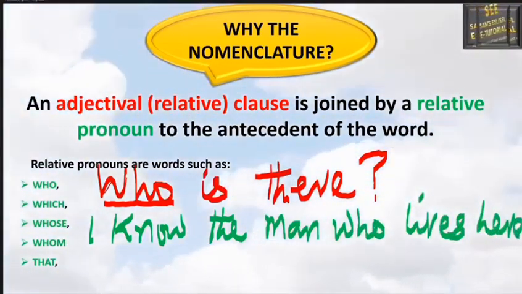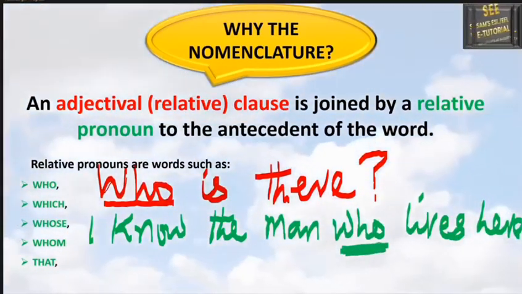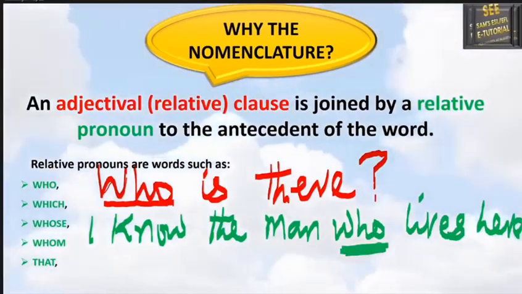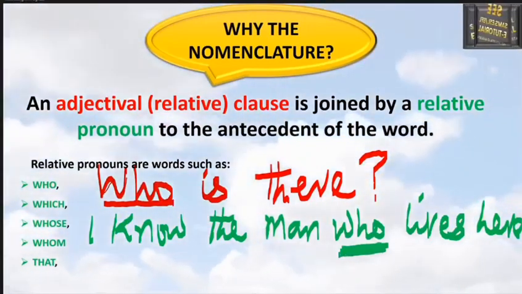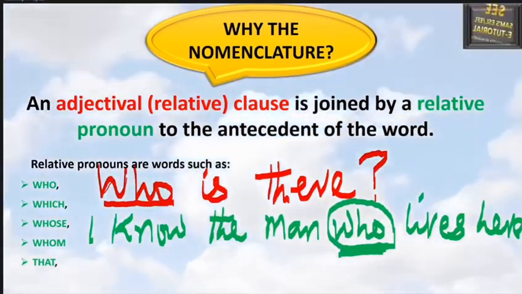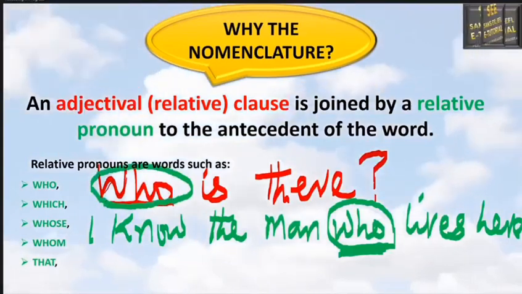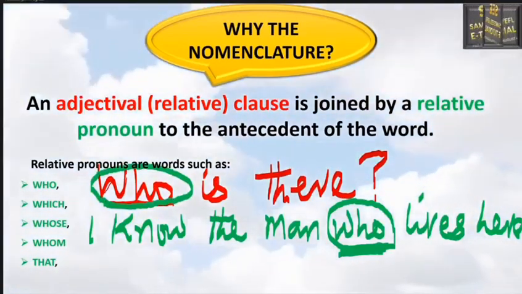Take a look at this. Who in this sentence appears in the middle of a sentence. So on this note, we'll say who in this case is a relative pronoun. At the initial position of a sentence, we refer to it as an interrogative pronoun. I hope this is clear.